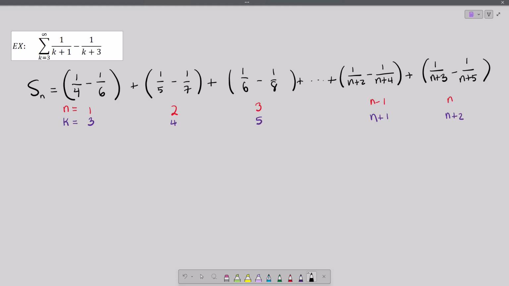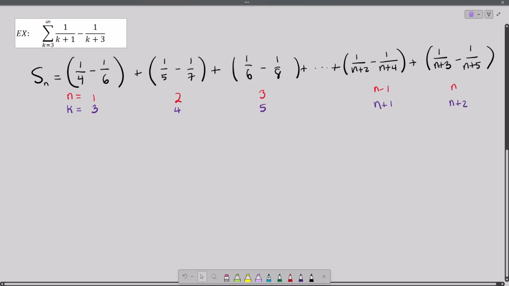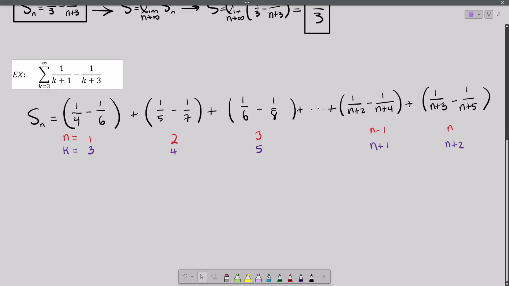And now we can do the telescoping thing. There's going to be that collapsing of terms that cancel out. So when we look here, we start from the left, and we see that the second part of this term cancels with the first part of the term after a skip. So second part, skip, first part. And that pattern's going to persist.